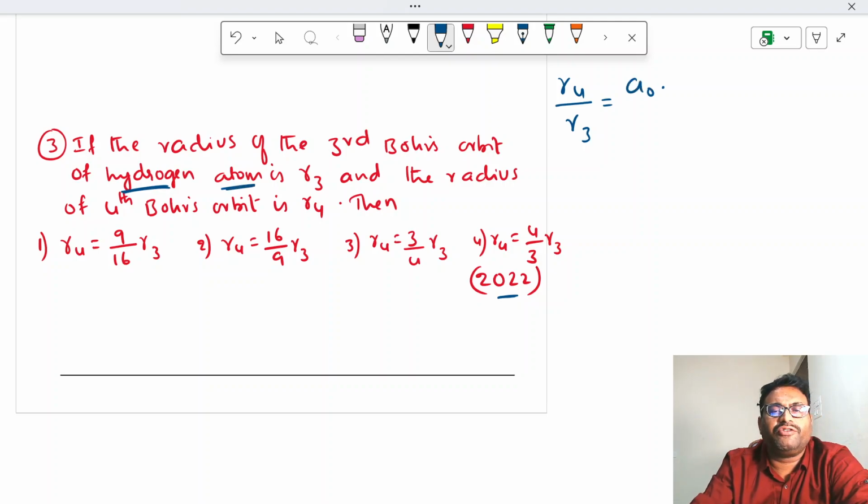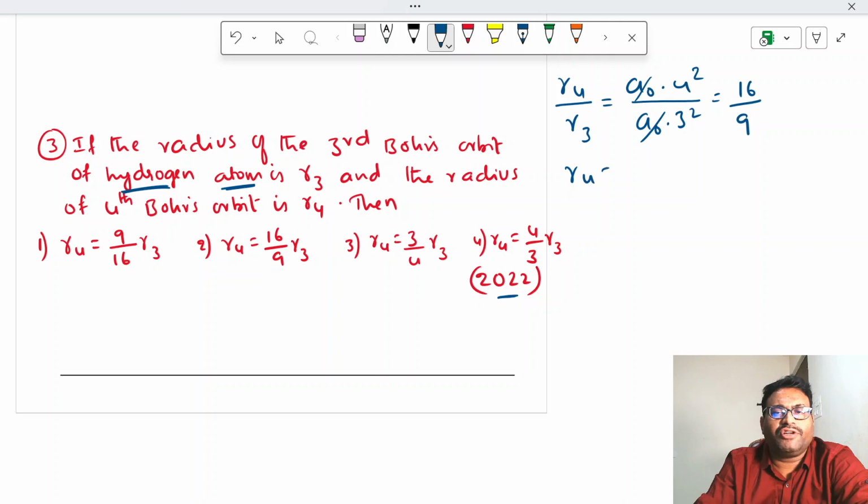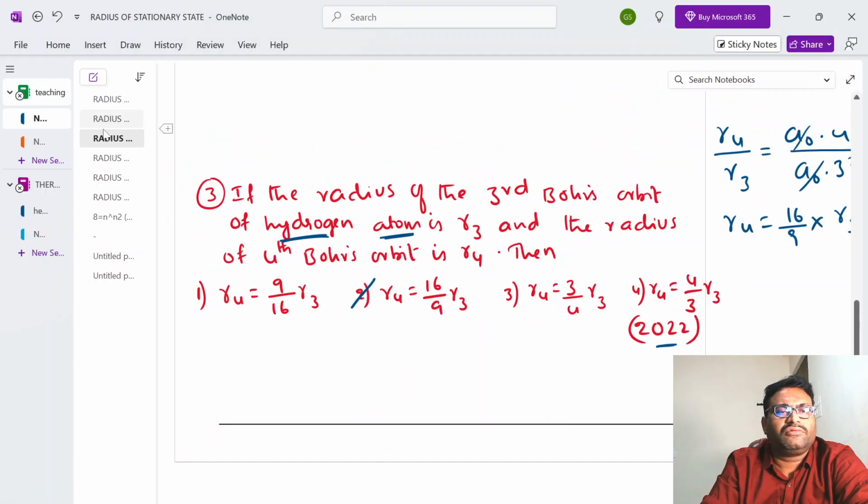So A0 into 4 square by A0 into 3 square. That is equal to 16 by 9. So R4 is equal to 16 by 9 into R3. Okay. Next question.